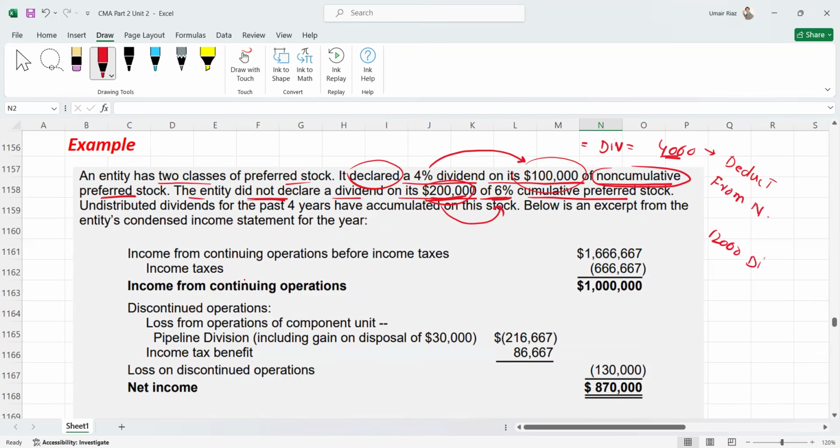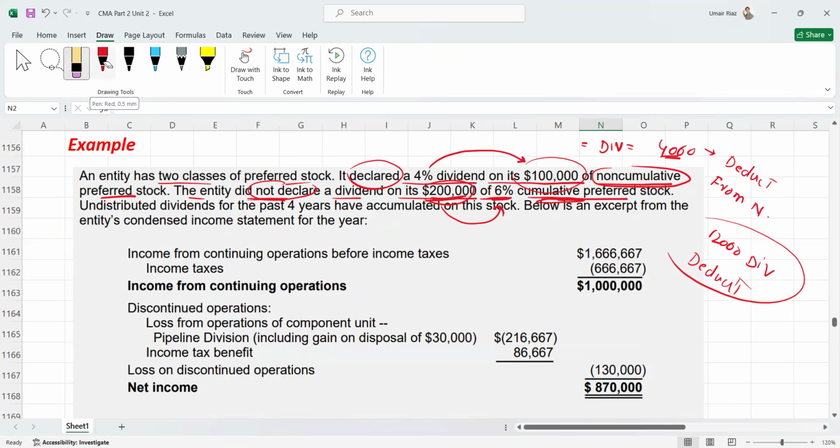This is the dividend, so this dividend we will deduct. We have to deduct it even if it is declared or not declared, because these are cumulative preferred stock. So see, they are saying that they did not declare. It means the 12,000 amount of dividend related to cumulative preferred stock we will deduct from the numerator.